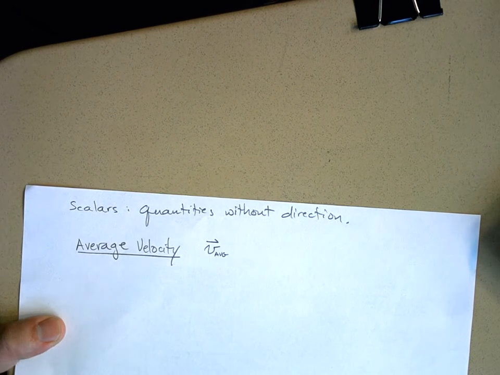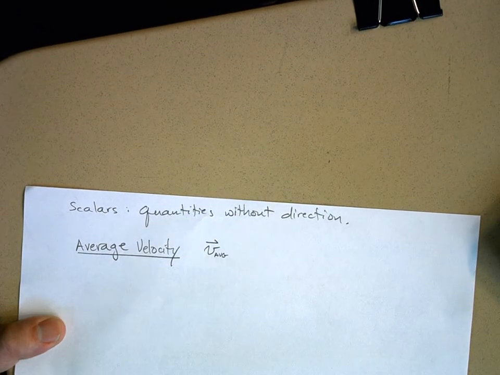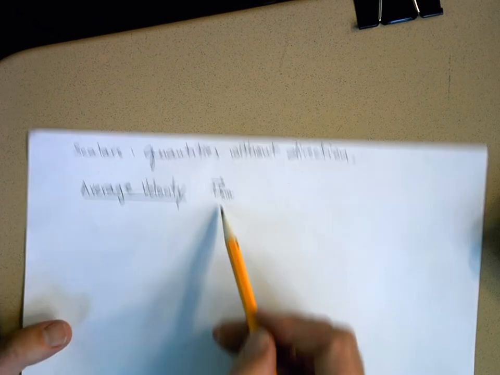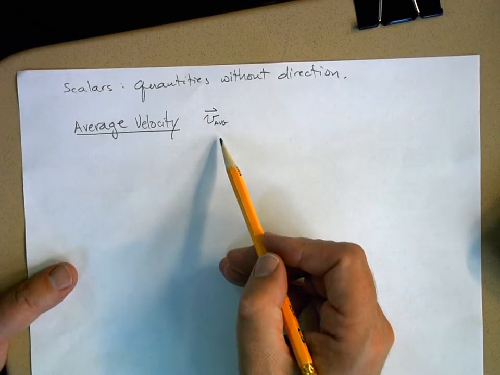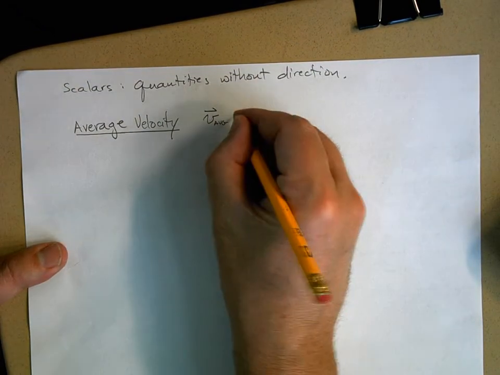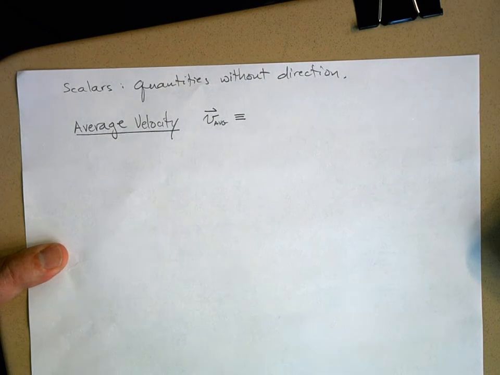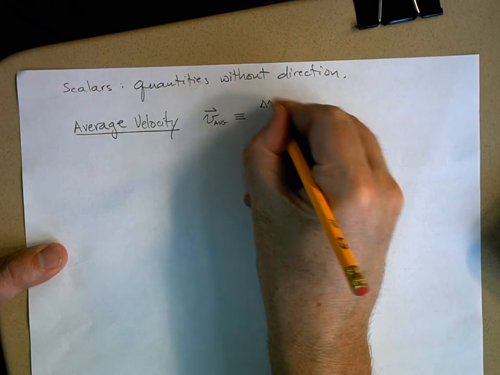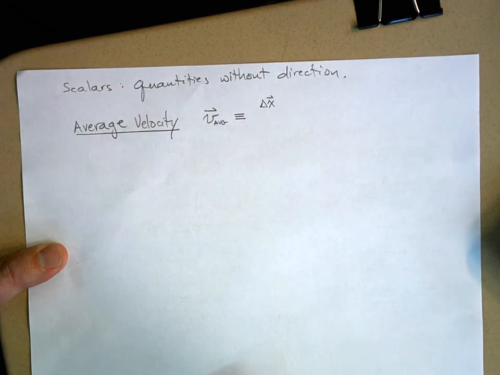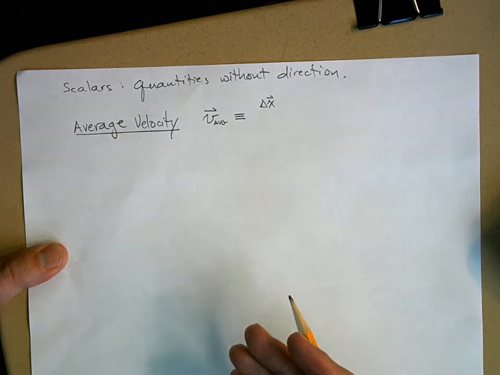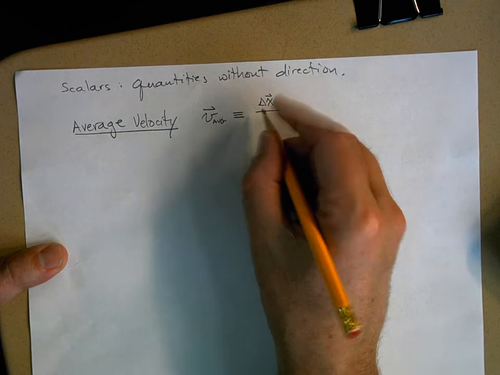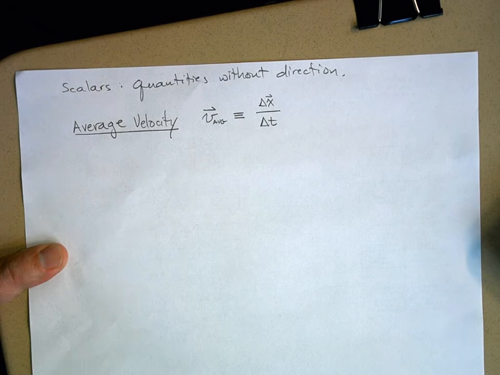And I'm having to rush through this. Sorry, I only got 4 minutes left. Average velocity, by definition. Well, look at how much you changed your position. What was your total displacement? And divide that by how much time it took to go that far.